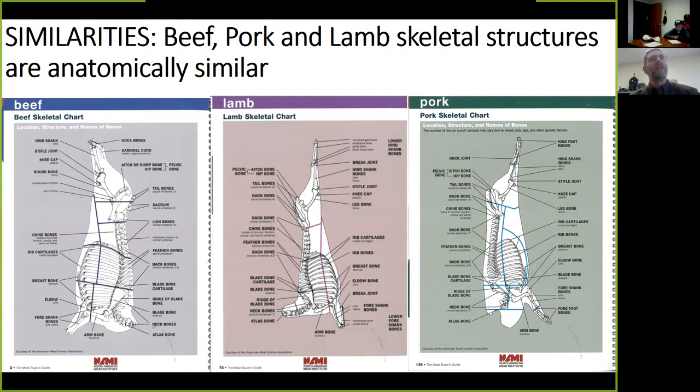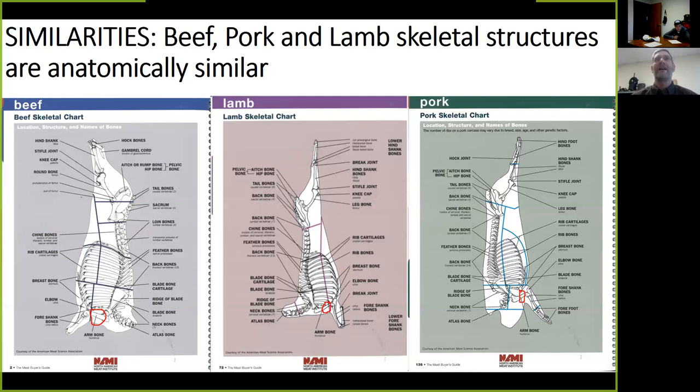Let's look at the arm bone, okay? So this is the arm bone in beef. This is the arm bone in lamb. This is the arm bone in pork.